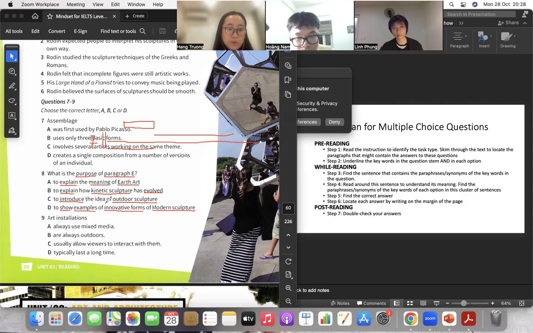So innovative, what does it mean? Innovative is, similarity both? Oh, no, it's very different. Yeah, very new, very creative, very different, right? So it's different from the things that were made before.